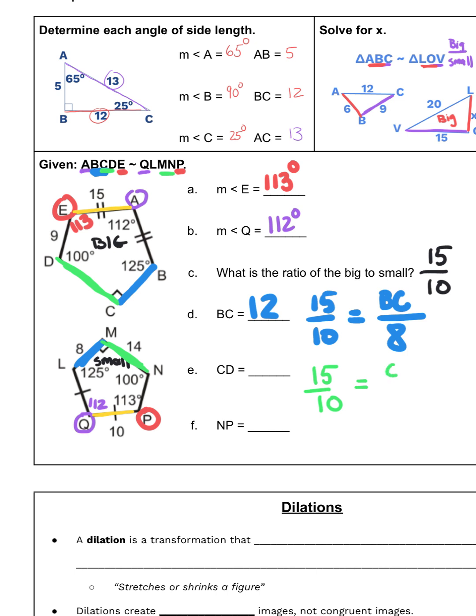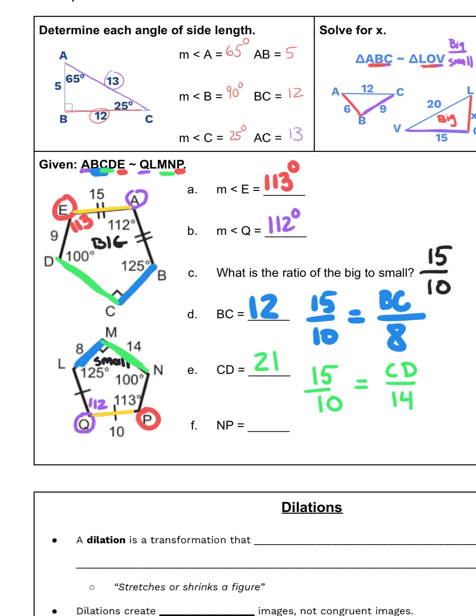So CD is on top. CD in the big figure corresponds with MN in the smaller figure. So we put 14 on the bottom. Now we're ready to cross multiply. Stop the video, try it on your own, and then come back and check your answer. You should get 21.